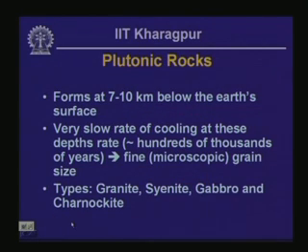We first consider plutonic rock. These are two extremes really. One was volcanic rock. Volcanic rock is when magma gets ejected to the surface, and plutonic rock forms out of solidification of magma at great depth.